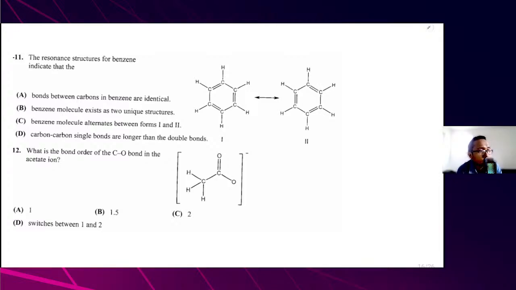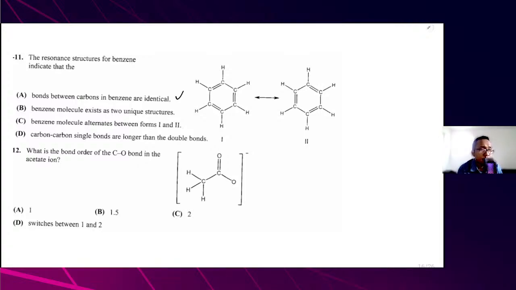The A option says the bonds between carbon atoms in benzene are identical. Okay, this is the concept of resonance. They should be identical. All C-C bonds in benzene have the same length and strength, which is between that of a single and double bond. So the answer will be A. Why is B not correct? Benzene exists as a unique structure. No, that's not what resonance means. Benzene isn't flipping back and forth between these. It's something in between them.